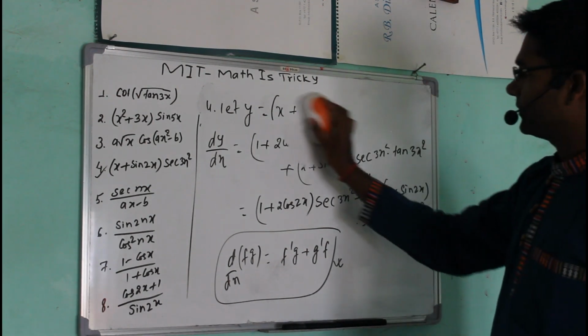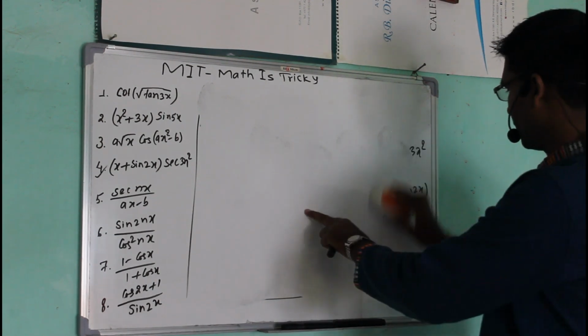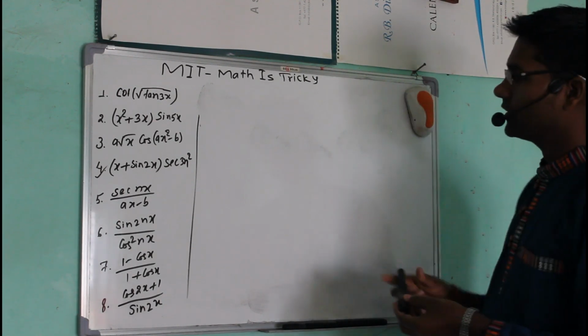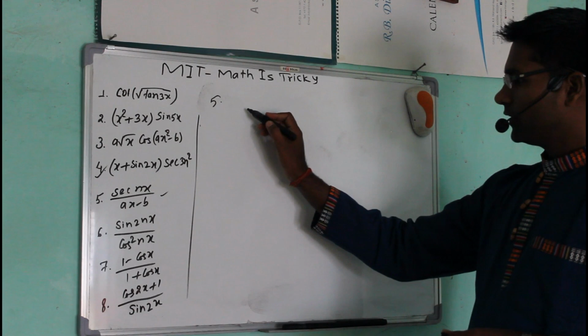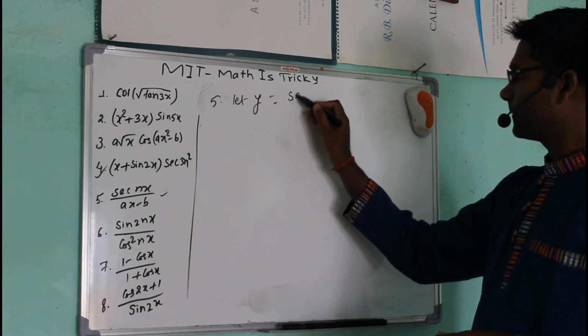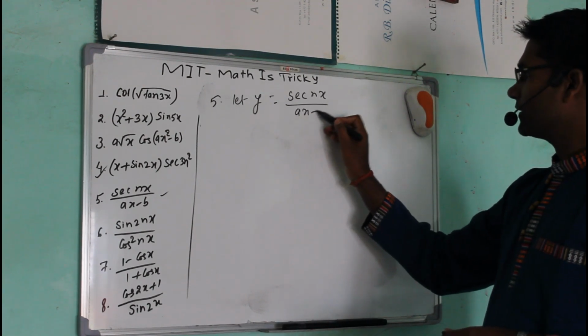Question number 5. Let y equals sec nx by ax minus b.